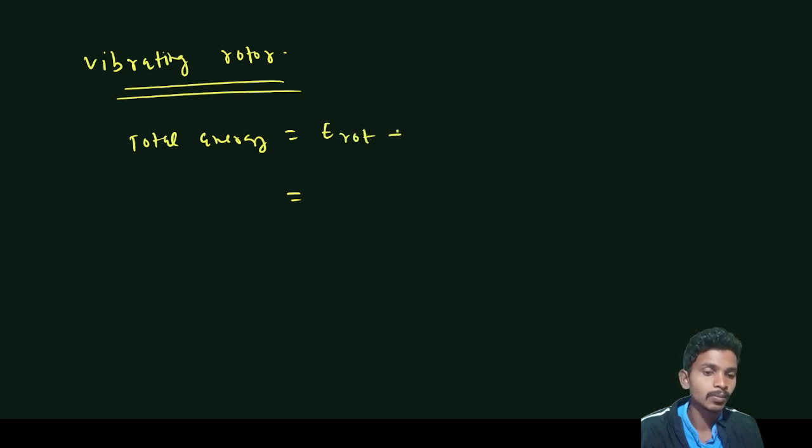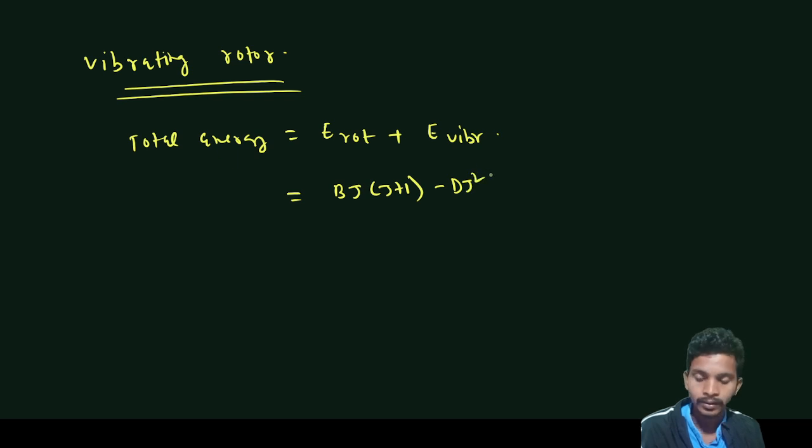E rotational means we know that it is B J (J plus 1), minus D J squared (J plus 1) squared.